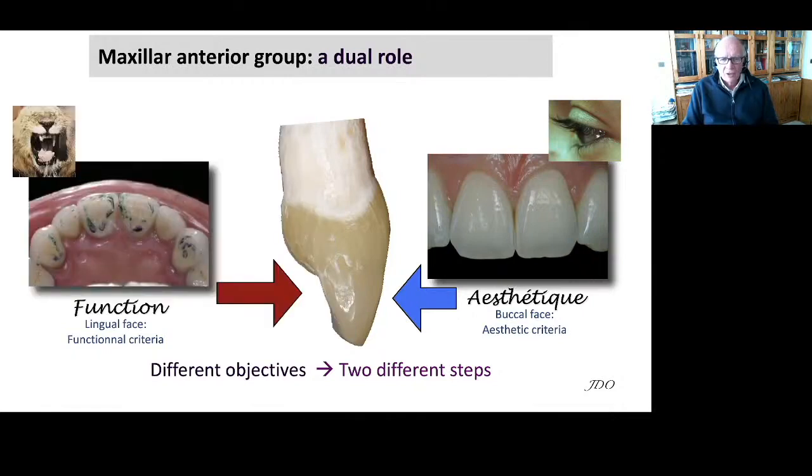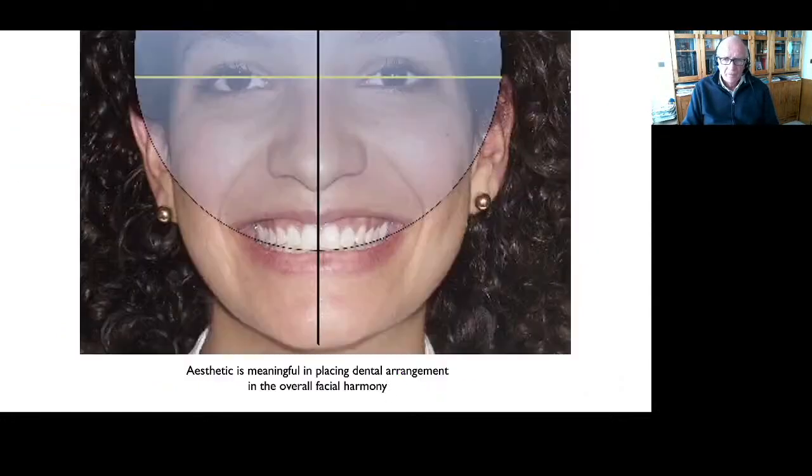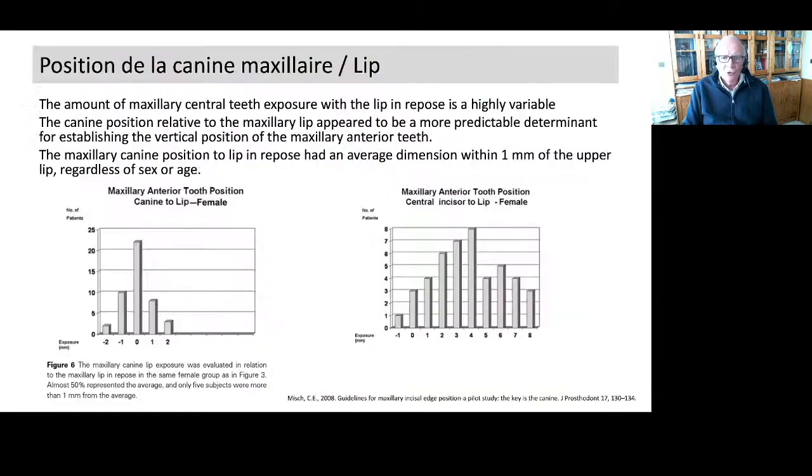After the definition of the occlusal plane, we can discuss the lingual morphology, dominated by functional determinants. Concerning the aesthetic rules, it is a very frequent topic for lectures, so I will be very quick.